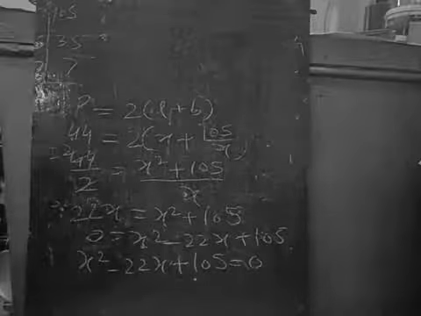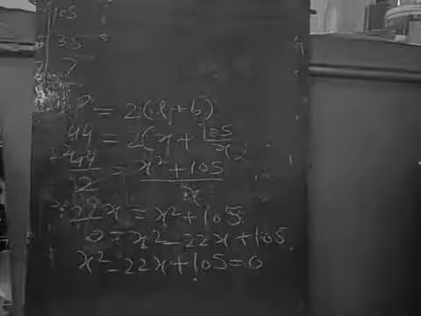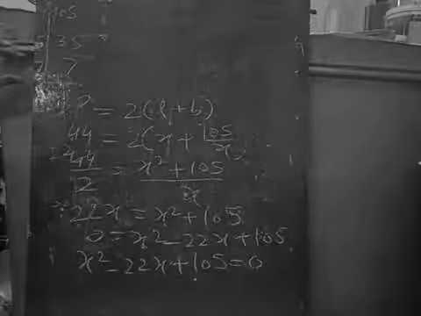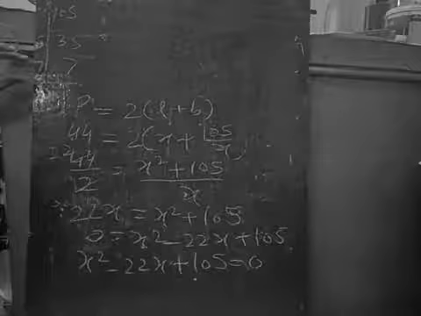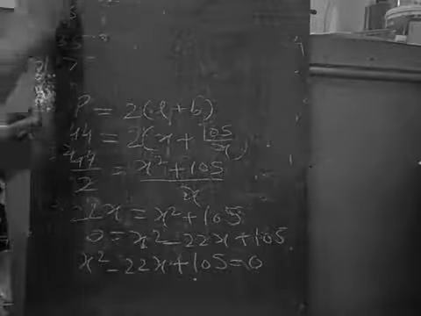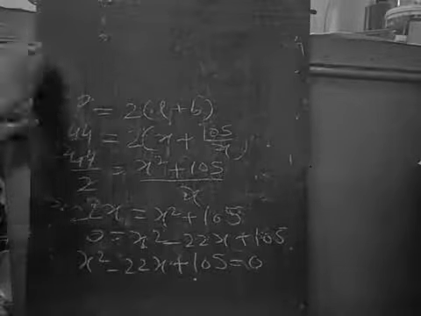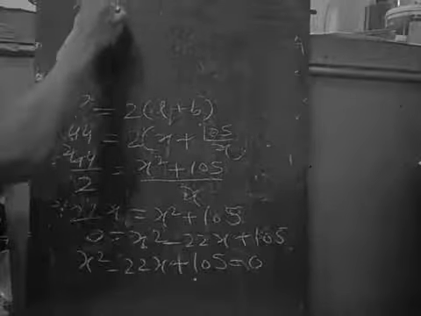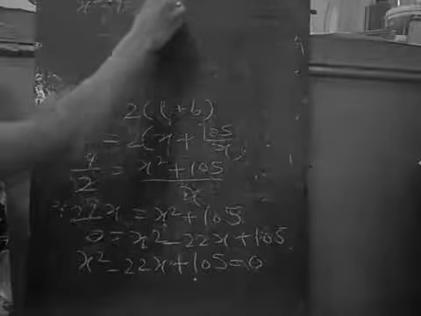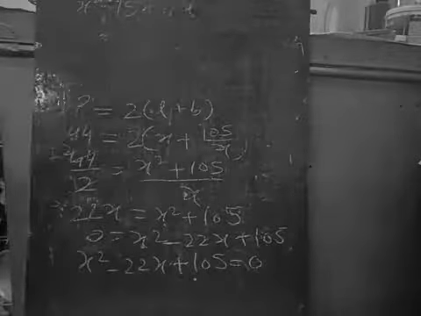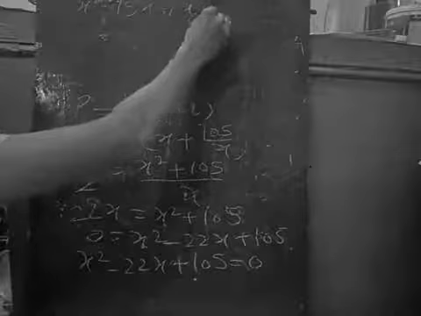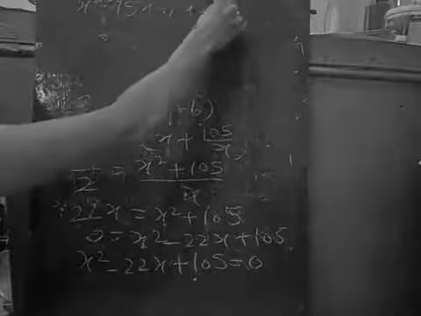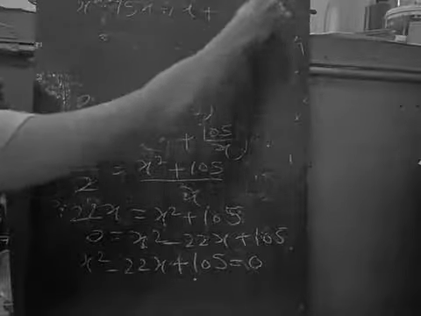We will adjust them to get minus 22. 3 times 5 is 15, and with 7 that makes 22. So minus 15 and minus 7. So x square minus 15x minus 7x plus 105 is equal to 0.